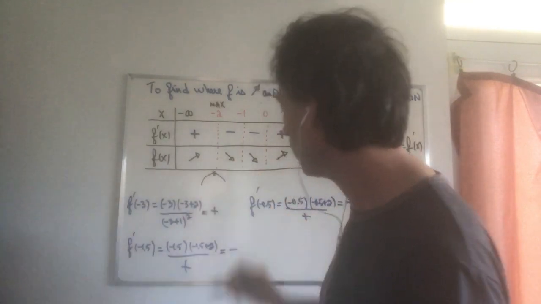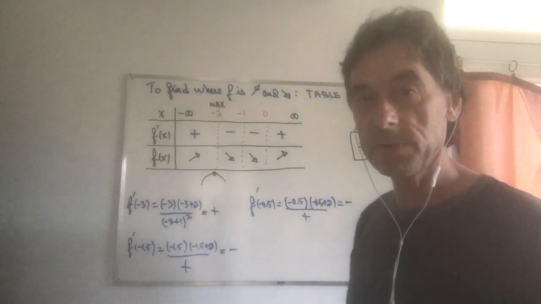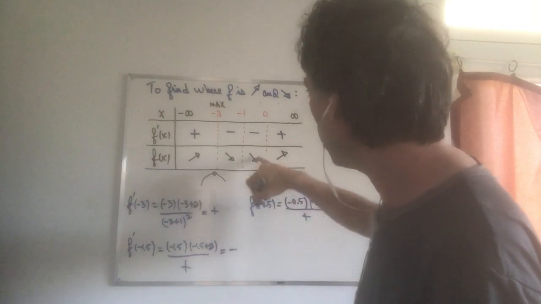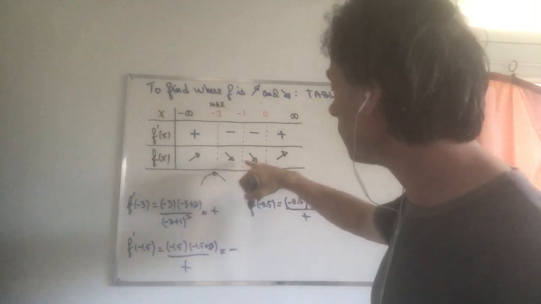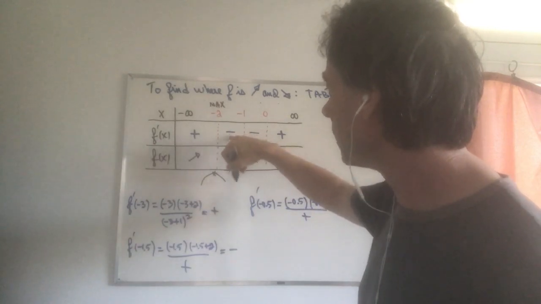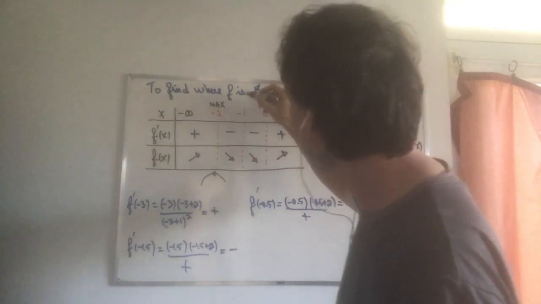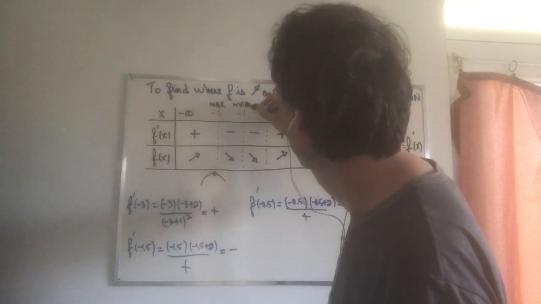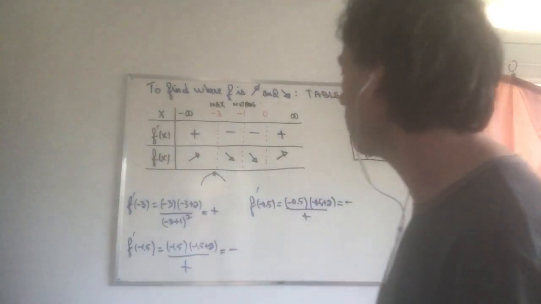So that point is a point right on top of the curve. It's a local max. Here, the curve goes down, down, down, and it keeps on going down. There is no change from increasing to decreasing. There is no change in the sign of the derivative. So that is nothing. That point is neither a max nor a min.